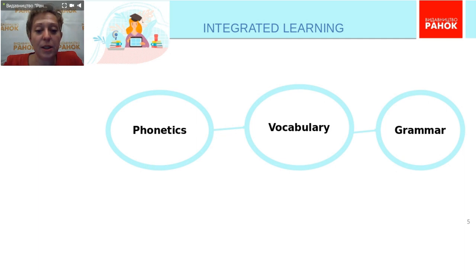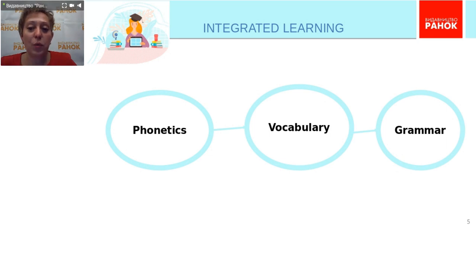This slide can show you the connection between phonetics, vocabulary, and grammar. You understand that we cannot teach our pupils words without teaching them pronunciation. We cannot teach our pupils produce sentences without teaching them grammar. And all these components are connected to each other.